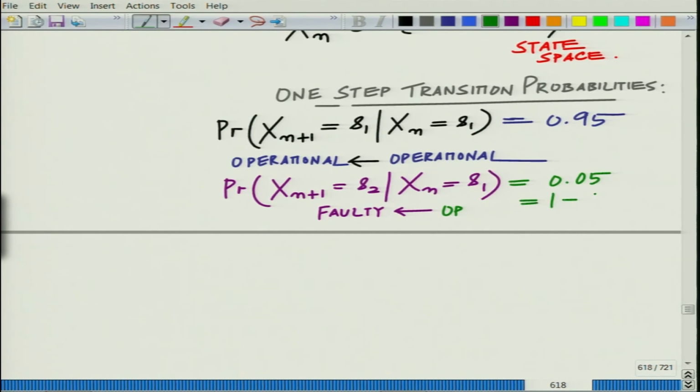This is your P11, this is your P12, and this essentially is what we are calling the breakdown probability, working to faulty. This is the probability of breakdown.